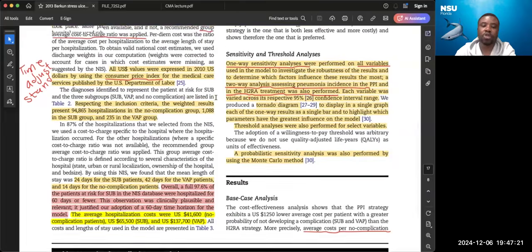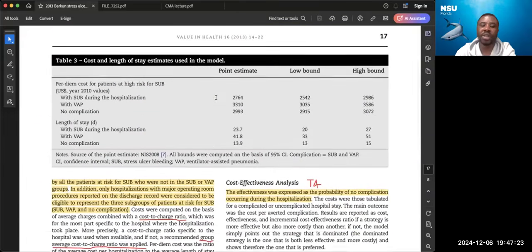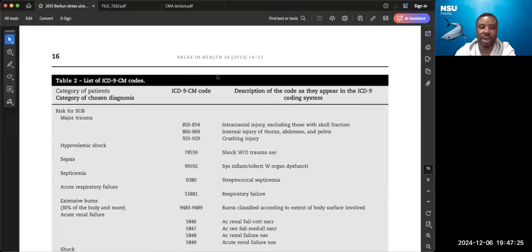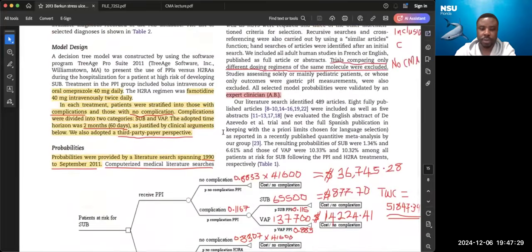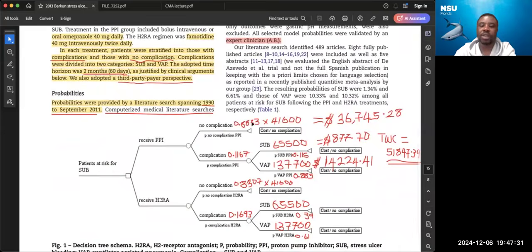So let's go to the decision tree, and where there's no complication, we'll put the 41,600 in the decision tree. In the decision tree, you can see that I didn't do this one, I just did this one, so that we'll go through this one together, we'll do the calculation together. So in the decision tree, the cost for no complication was 41,600, and this is where I had this number from.